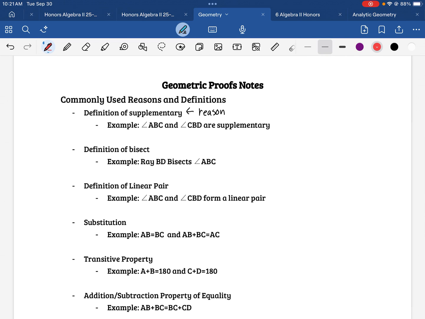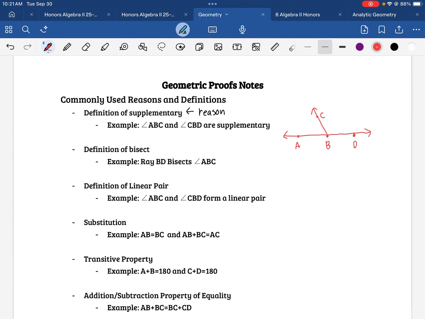An example, angle ABC and angle CBD are supplementary. So since they're supplementary, I'm going to draw a straight angle with a ray not bisecting it, just cutting it in some way. So ABC and CBD, those are the angles we are talking about.